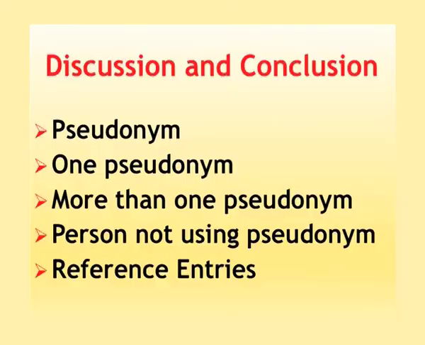So, this was all about the pseudonym. Dear friends, we have discussed pseudonym in length and width, and hope it will help you in treating pseudonyms while making the catalog as per AACR-II.